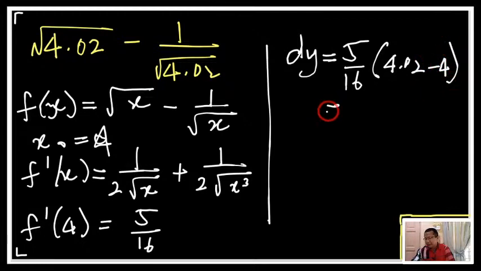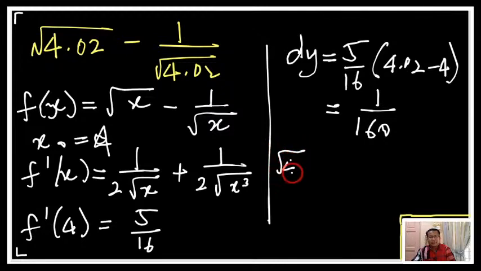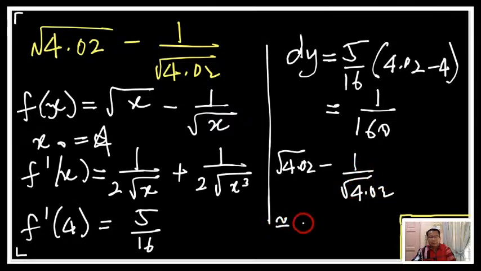So you should get 1 over 160. So square root of 4.02 minus 1 over square root of 4.02 is approximately equal to f(4).